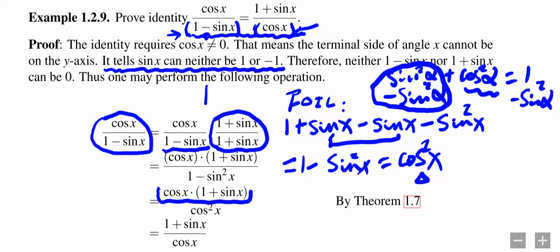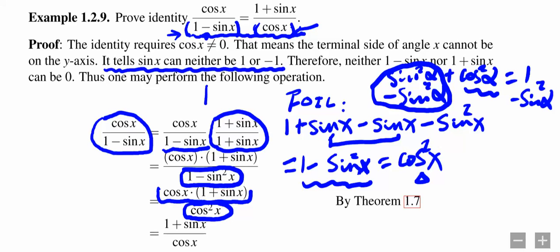And here is 1 minus sine alpha squared, and here is 1 minus sine x squared. So the denominator is 1 minus sine x squared, which is cosine x squared.